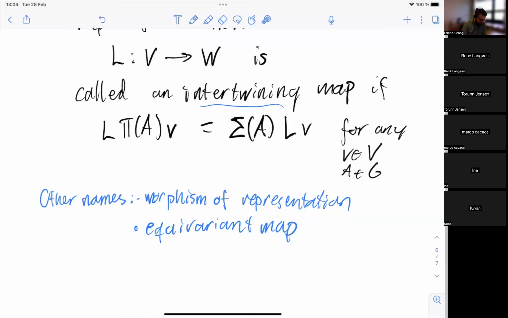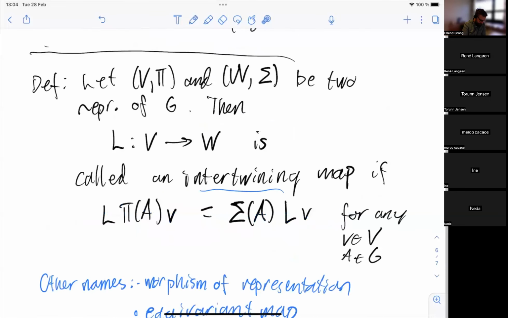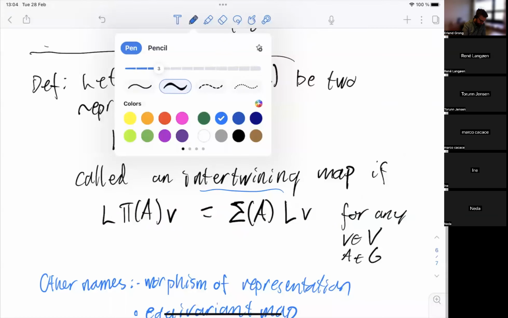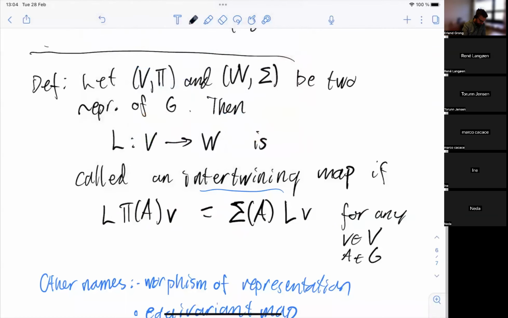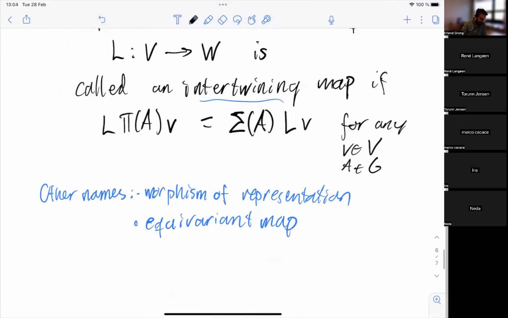Alan, we require L to be linear as well, right? Yes.